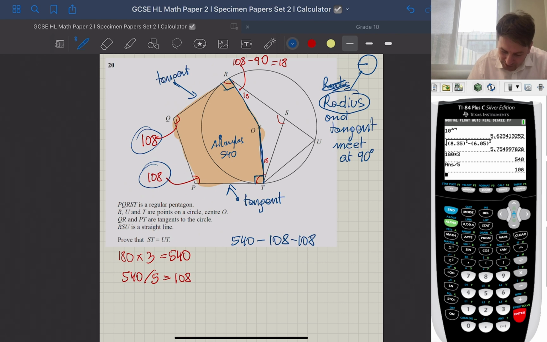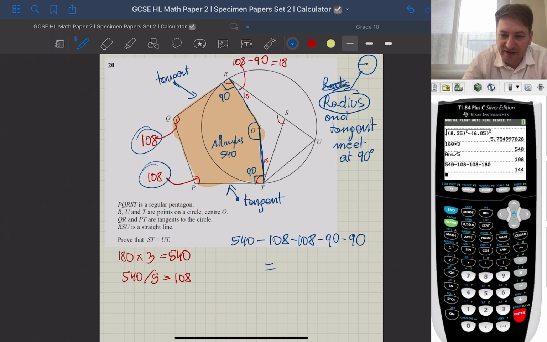I already have this one being 90. So that means I can calculate this angle. Minus 90, minus 90. So let's do this: 540 minus 108 minus 108 minus 180 will give me 144.